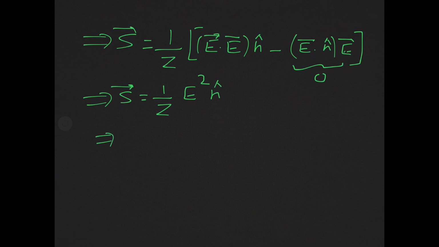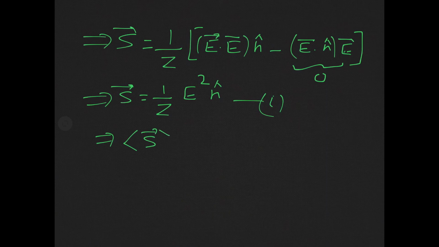And we can simplify this result further to some extent. We can write it in terms of the expression for 1 over Z. You can write it in this way, or similar. Let us take this result as a standard result.